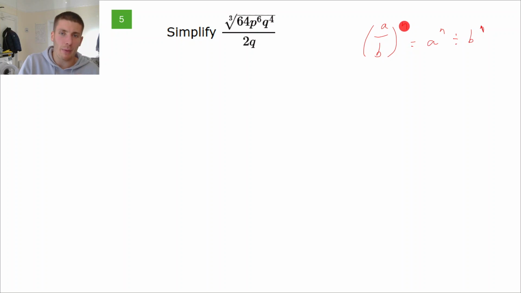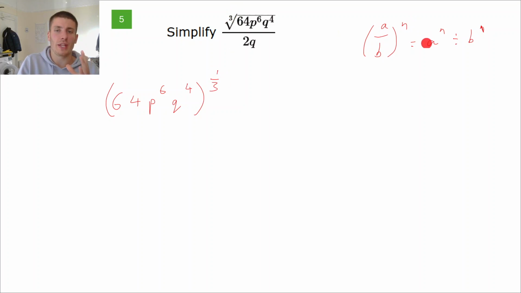We can apply the power, which is in this case a third, to each term, because remember this top part, we could, if we wanted to, write it as 64, p to the 6, q to the 4, and if you're cube rooting, that's the same thing as doing to the power of 1 over 3. And then we can apply this power to each individual term, so to 64, p to the 6, and q to the 4.